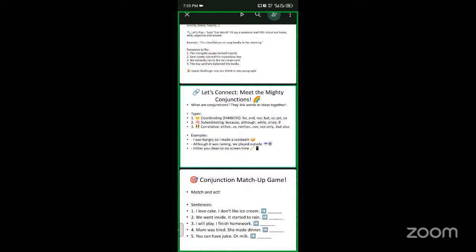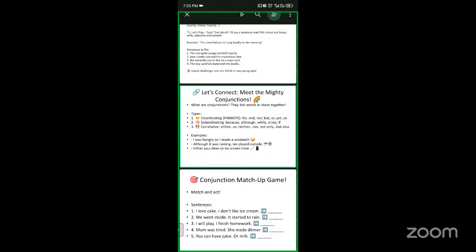So what are the types of conjunction that we can use under subordinating? The same way we have FANBOYS for coordinating conjunction, what are the types we can use under subordinating?